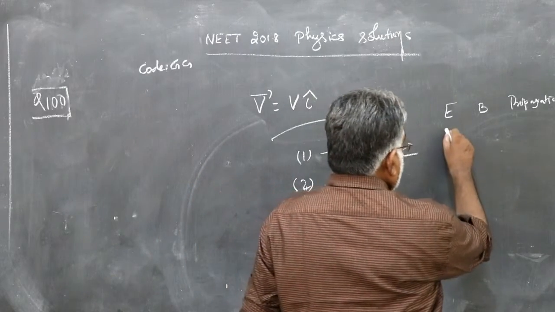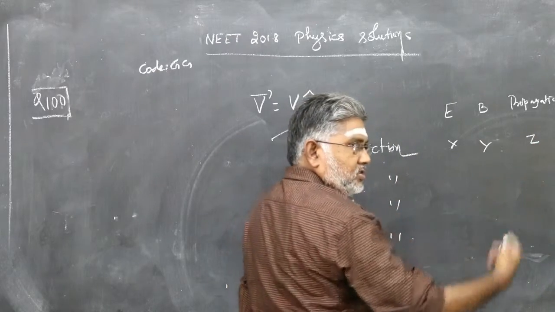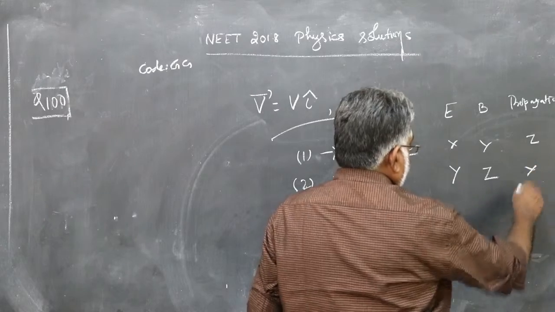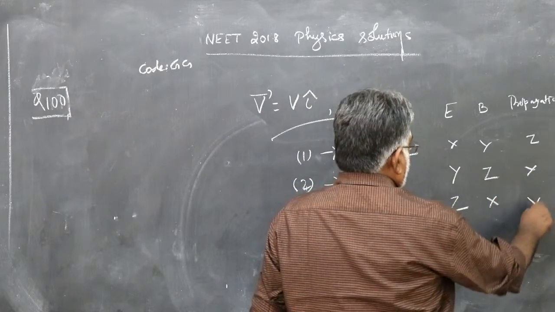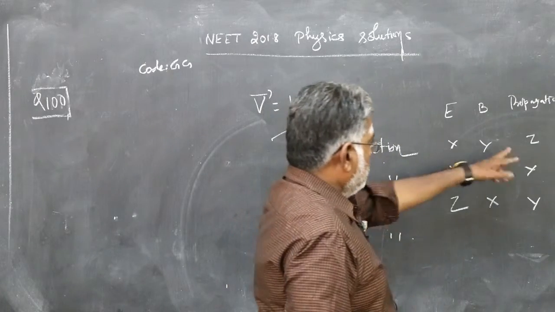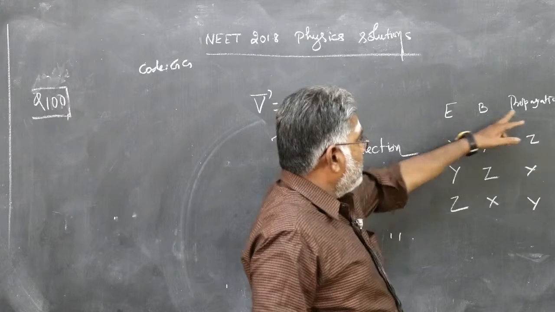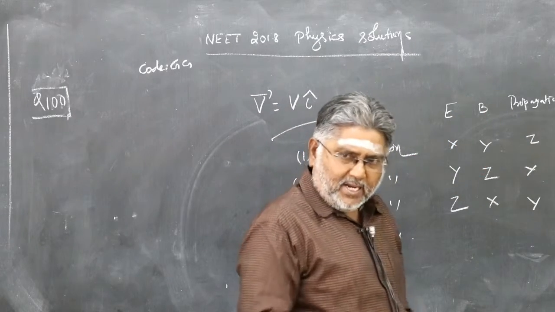So you write x, y, z in cyclic form: y, z, x, z, x, y. You can start from any axis, but E, B, electric field, magnetic field, and propagation form a right-handed system.